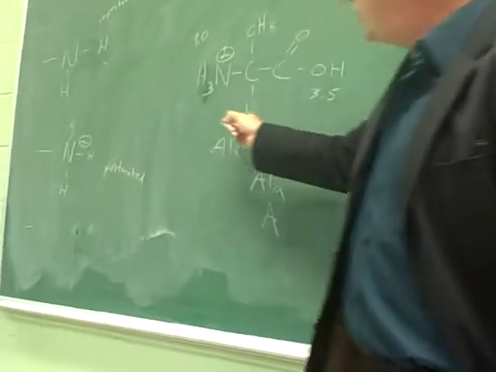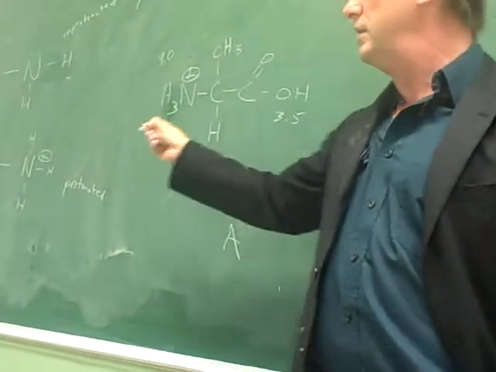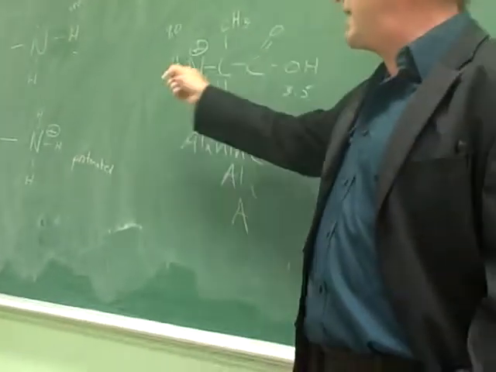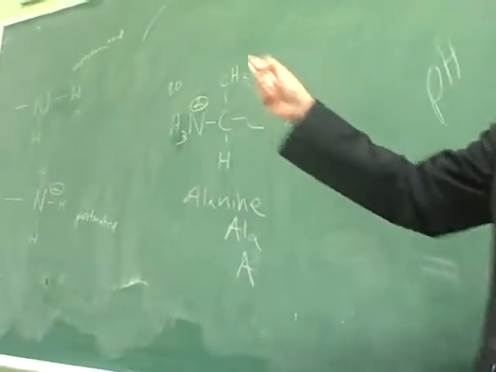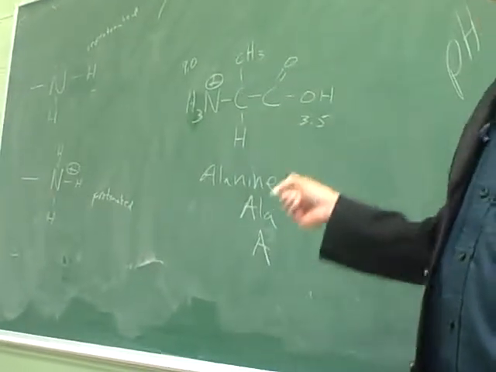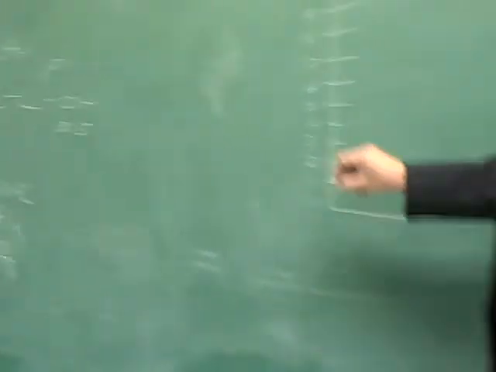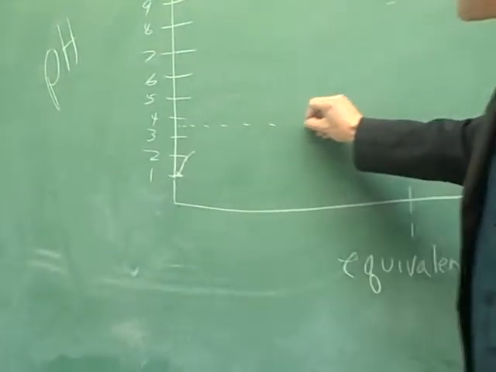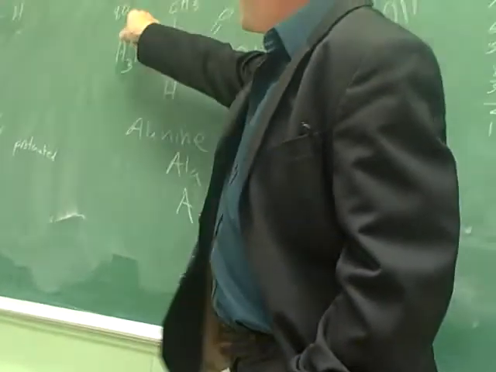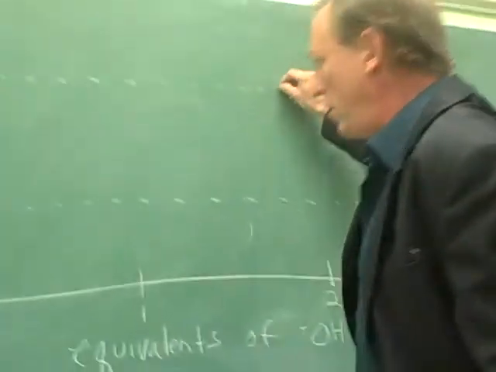which guy is going to lose his proton first? The carboxylic acid or the amine? Carboxylic acid. Yeah, it's the halfway point for this is 3.5, right? So what I like to do when I do these graphs, I say, okay, my first pKa is 3.5, and I just draw a dotted line across at the first pKa, and then I look at the second pKa at 9, and I draw my dotted line across.